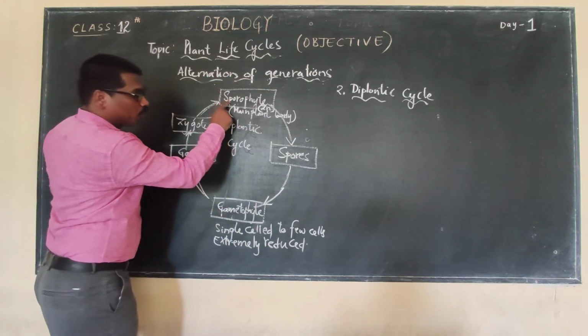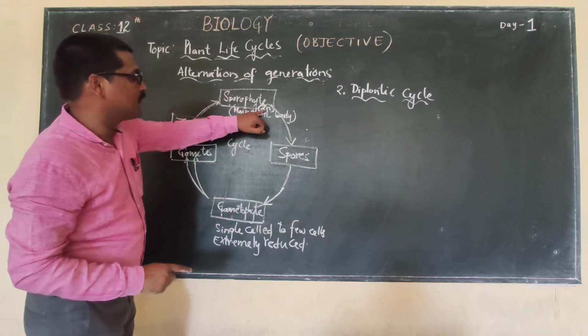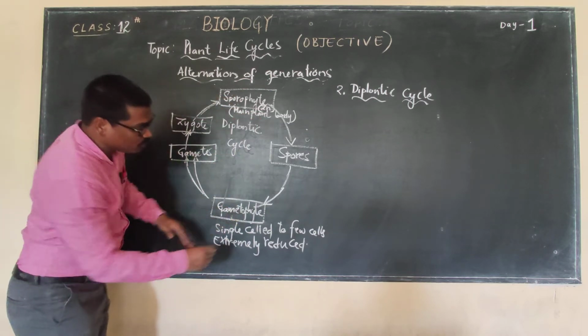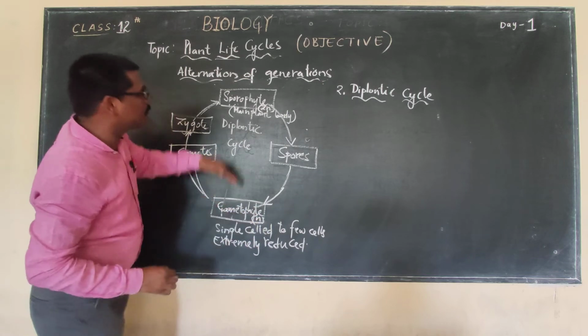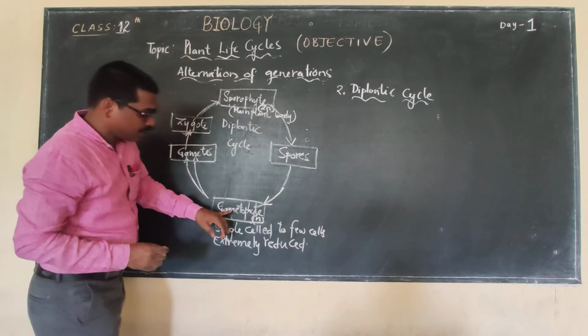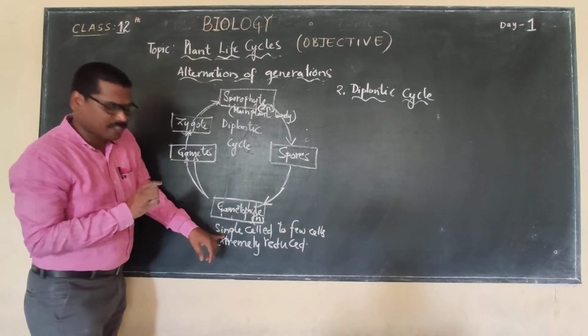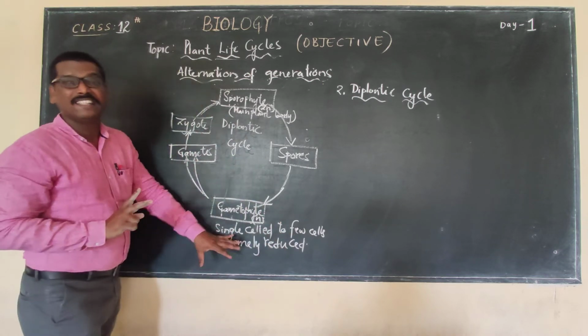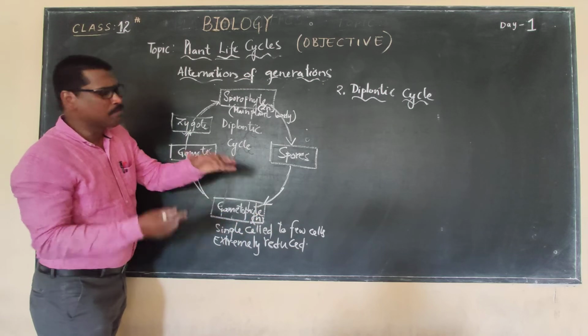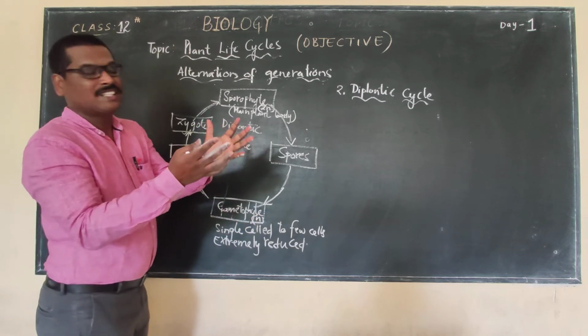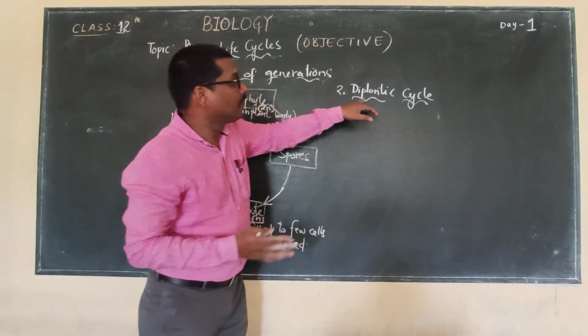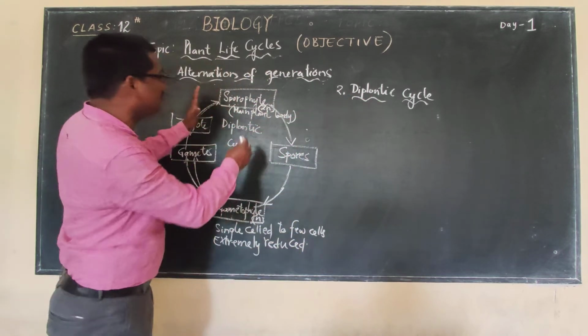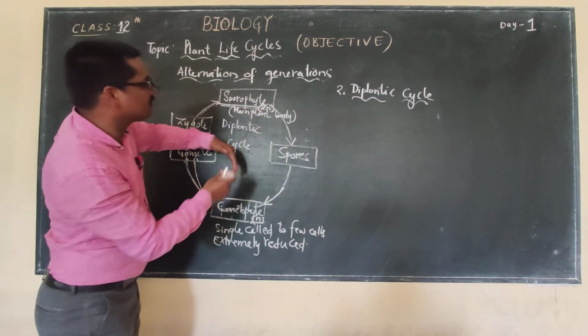Please remember, the sporophyte is the main plant body which is diploid, and the gametophyte which is haploid is dependent on the sporophyte. Here the gametophyte is of a single cell or just a few cells, and it is extremely reduced. So the major part of the duration taken to complete this diplontic life cycle is with the diploid phase, that is the sporophyte only.